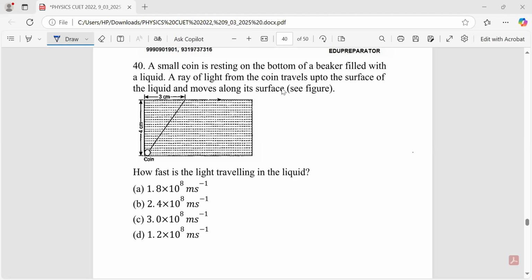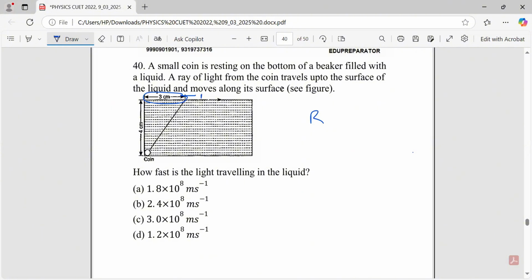total internal reflection. We know we have the relation that is R, this, right? This is H. So you have R is equal to H upon under root n square minus 1, where n is the refractive index, right? So R is 3, H is 4.